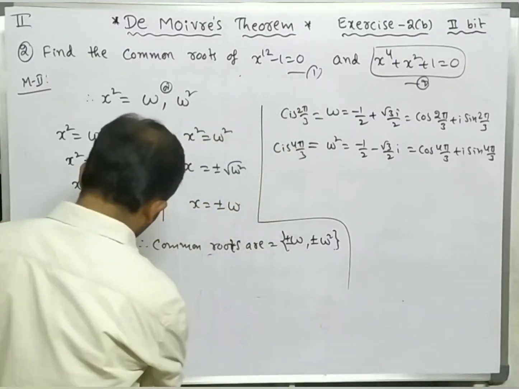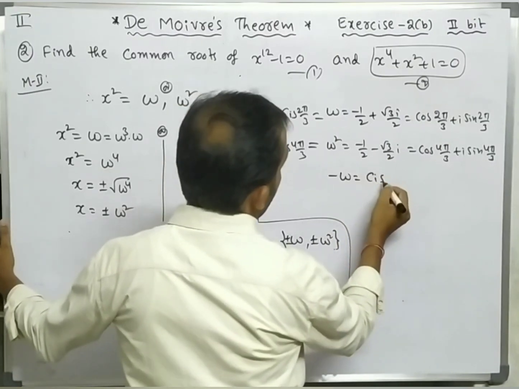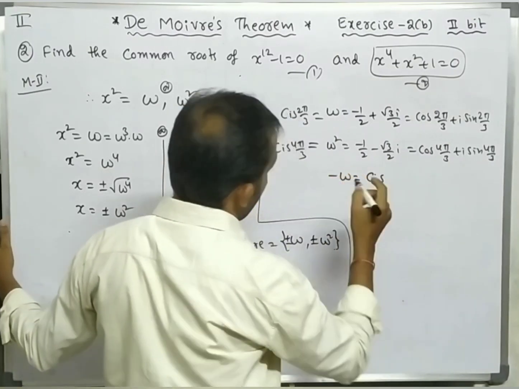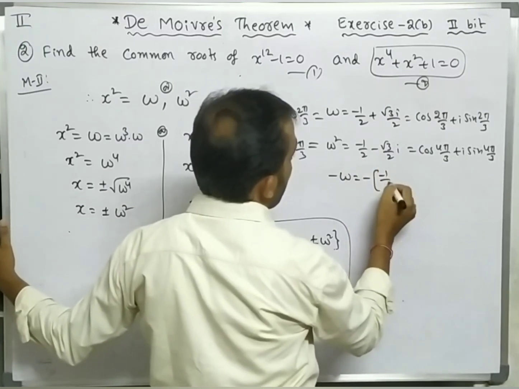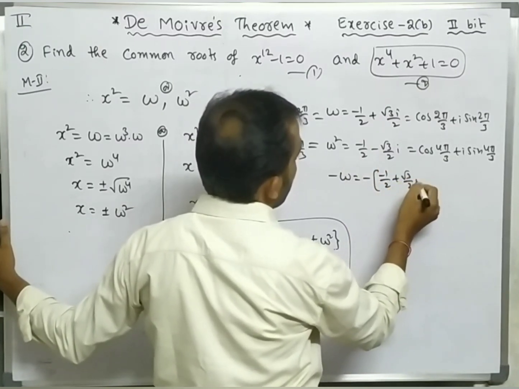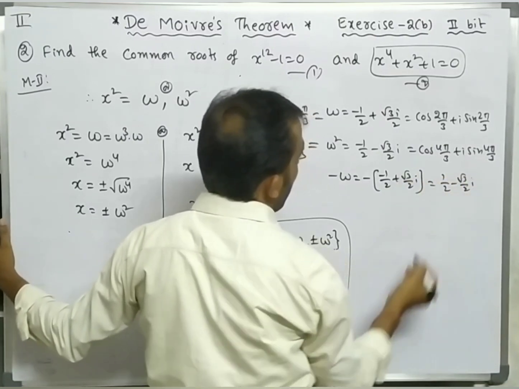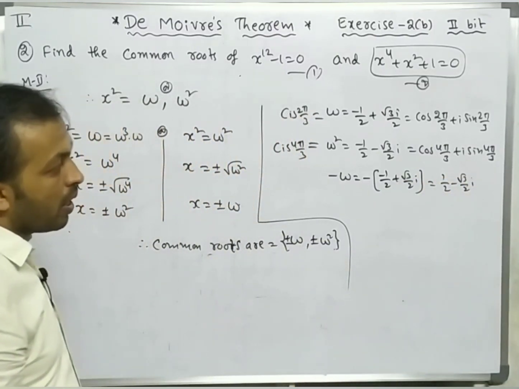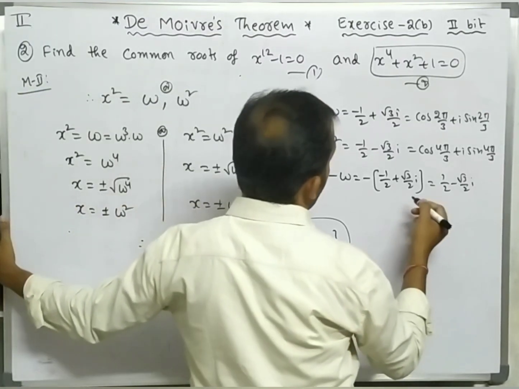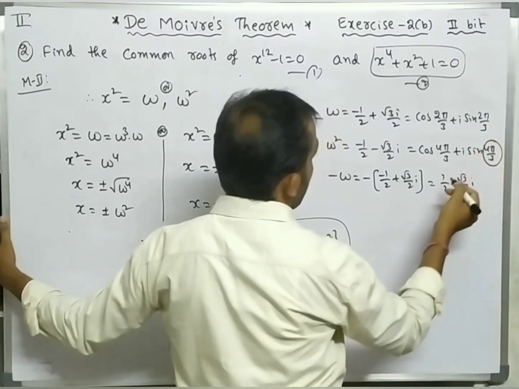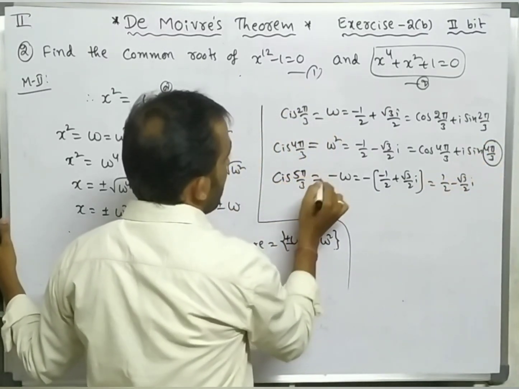minus omega. Minus omega is nothing but minus of omega value, minus 1 by 2 plus root 3 by 2 i, that is 1 by 2 minus root 3 by 2 i. So that is located in the fourth quadrant. For the fourth quadrant we need the angle, that is 5 pi by 3, which is equal to cis 5 pi by 3.